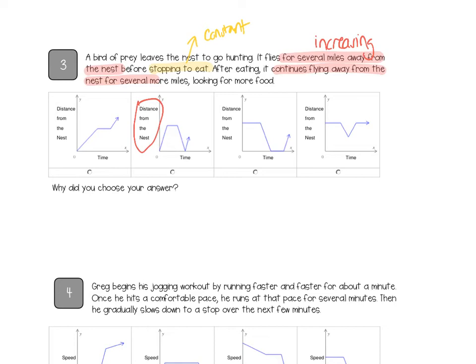And then when the bird flies away from the nest again, it's going to increase again. So the graph that shows that it's increasing, then flat, and then increasing again would be the first graph, right? Because you have increasing here, flat here, and increasing here. So there's your example of what graph it would be and why.